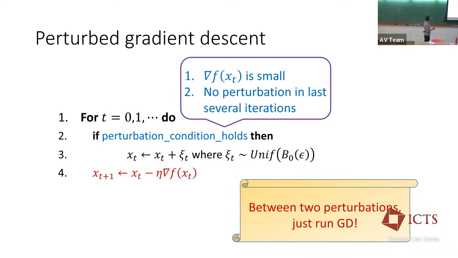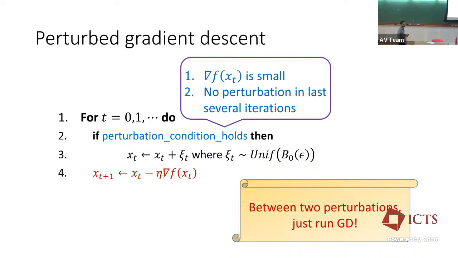So one is that the norm of gradient f of xt is small, meaning that we might be at a saddle point. Okay. And the second one is that we have not added a perturbation in the last several iterations. Okay. So we'll make sure that once we add a perturbation, we will not add perturbation for the next so many number of iterations. And after that, we'll again check whether the norm of the gradient is still small, and then we'll add a perturbation. Otherwise, again, we don't add.